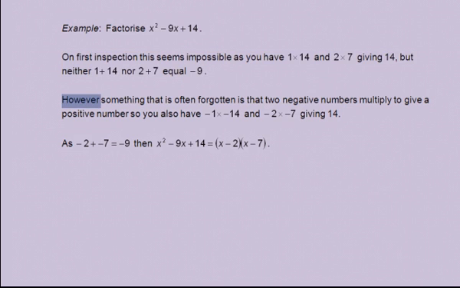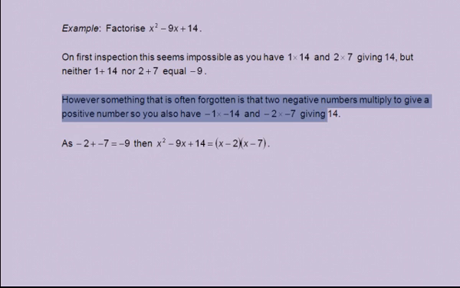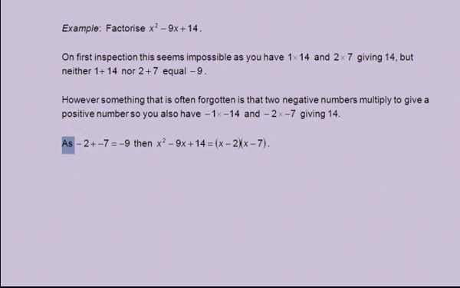However, something that is often forgotten is that two negative numbers multiply to give a positive number, so you also have minus 1 times minus 14 and minus 2 times minus 7 giving 14. As minus 2 add minus 7 equals minus 9, then x squared minus 9x plus 14 equals x minus 2 multiplied by x minus 7.